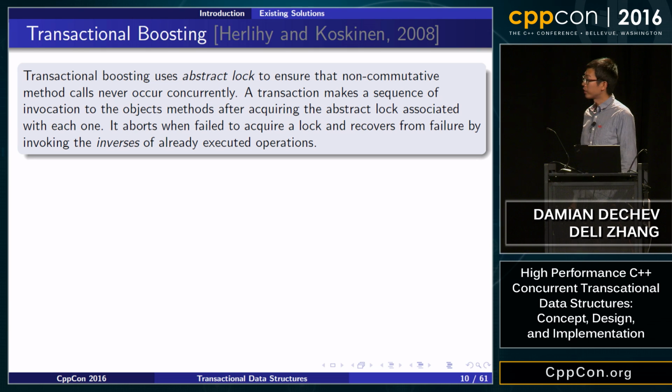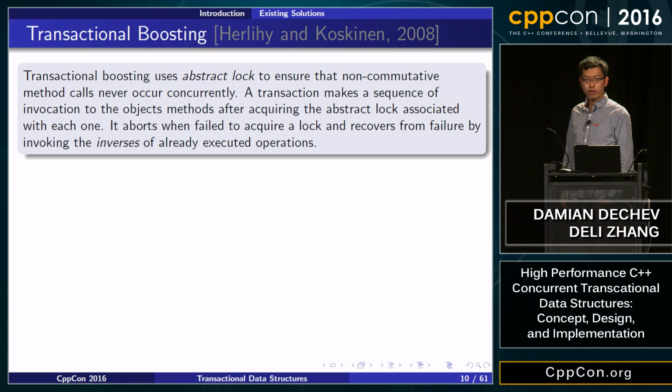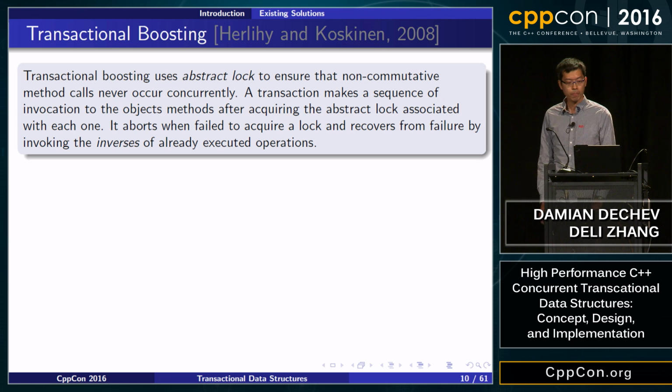The abstract locks are designed based on the knowledge of commutativity of the data structure operations, so that they ensure that non-commutative operations will never occur concurrently. In case a transaction fails, the transaction will invoke the inverses of already executed operations to restore the abstract state of the data structure.